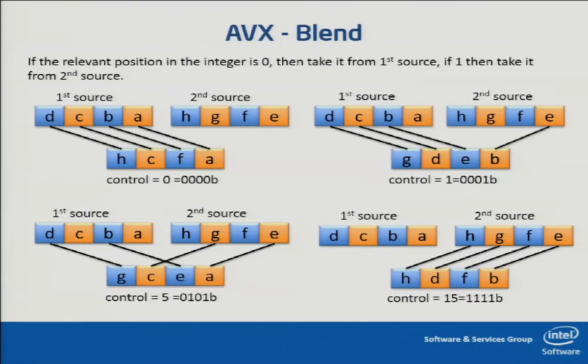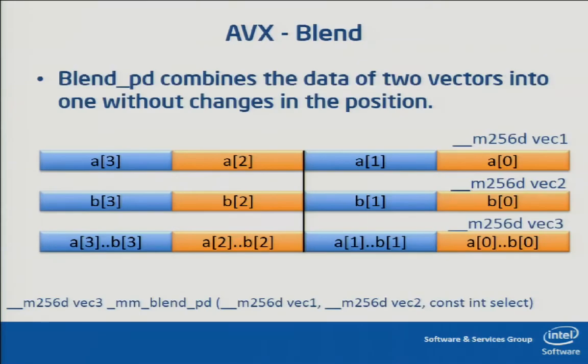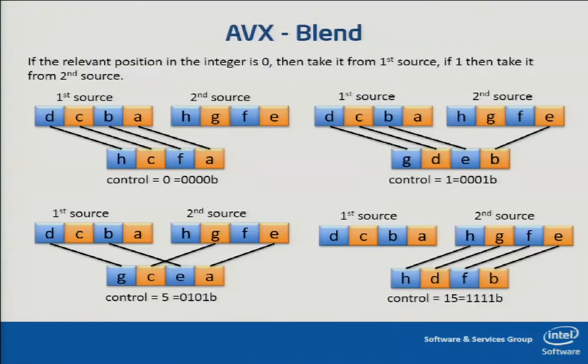Once more, the syntax here: the arguments are vector 1, vector 2, and an integer, and the integer must be a constant. If the control value, this integer value, is all zeros, then you take everything from the first source. If you have a 1 at the first position, then you take everything from the first source except the first value, which you take from the second source.